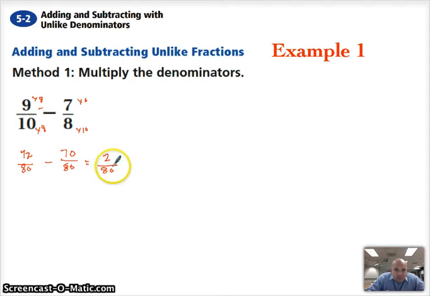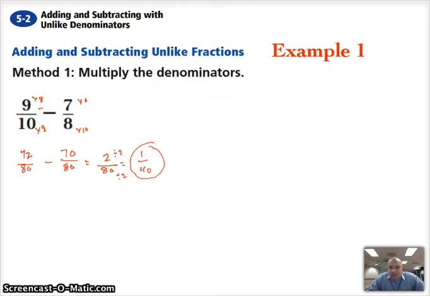And I'm almost done, but I can see that they're both, top and bottom, in need of simplifying. I can simplify it by dividing top and bottom by 2. They're both even numbers. 2 divided by 2 is 1. 80 divided by 2 is 40. So in the end, our complete answer is 1/40.